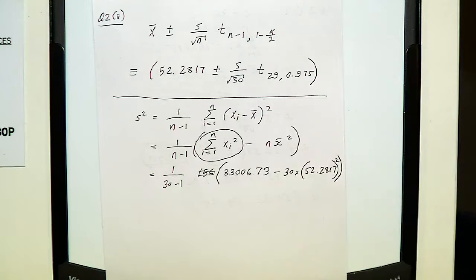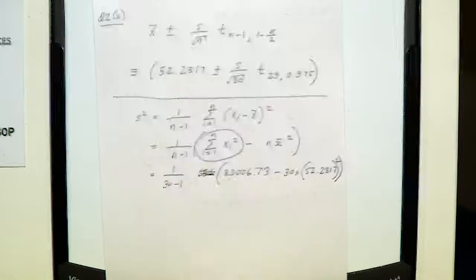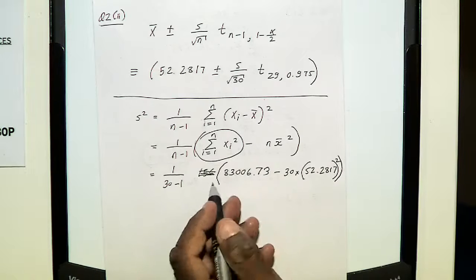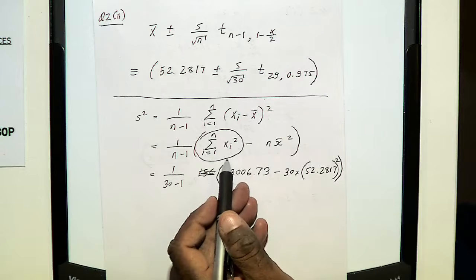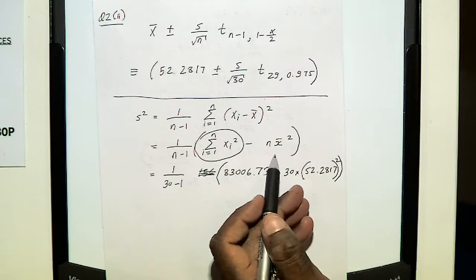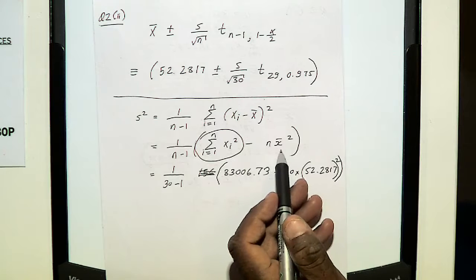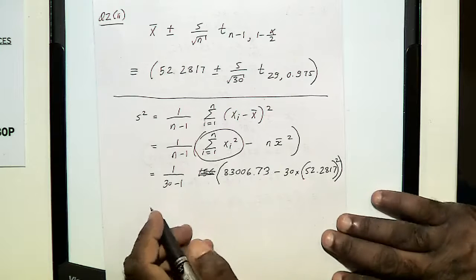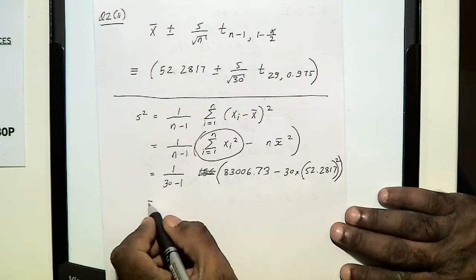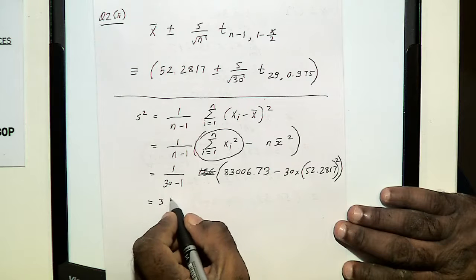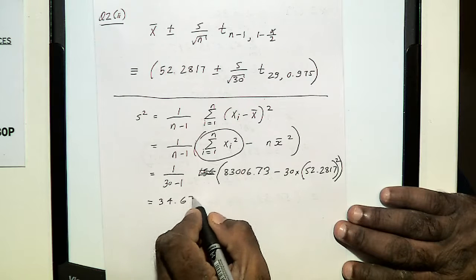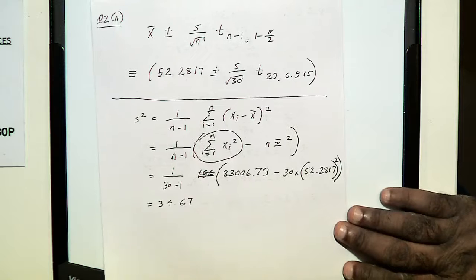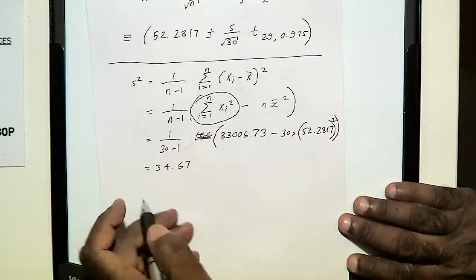Okay? You see what I've done? I have substituted for this number, the sum of xi squared, substituted for n, and substituted for x bar. So I get this guy here. Now if you simplify this, guys, using your calculator, this will be 34.67. That's your S squared.